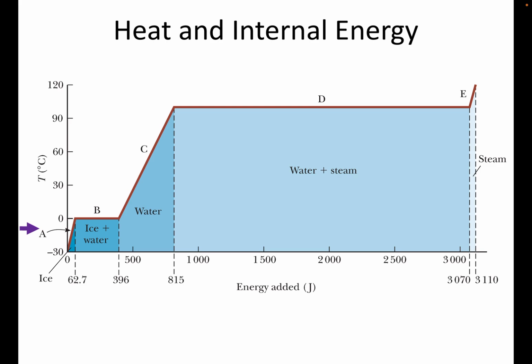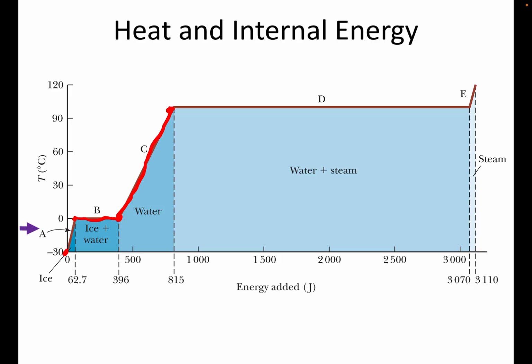This graph clearly shows the process for water. First we have ice at negative 30 Celsius. We add heat to it, increase the temperature to 0 Celsius, and then it starts melting. During the melting process, the temperature stays constant. Then we add heat to the water. The temperature of the water increases until it reaches the boiling point, 100 Celsius.